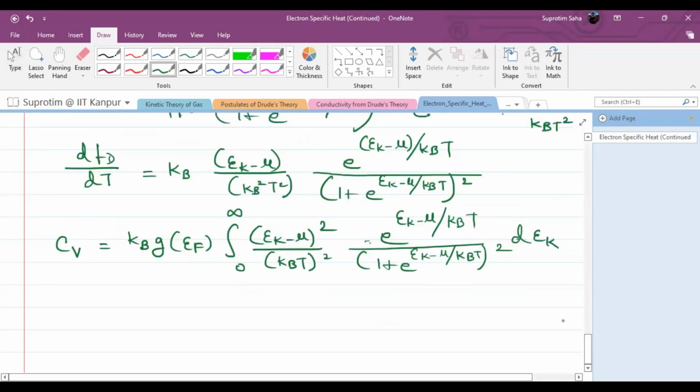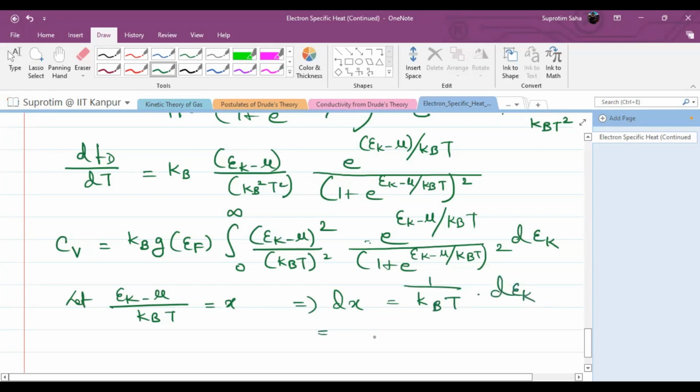Now you have to make a substitution. Let Ek minus mu by kBT be x, which implies dx equals 1 over kBT times d of Ek, which implies d of Ek is kBT times dx.